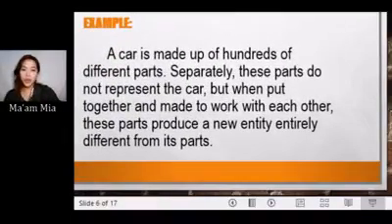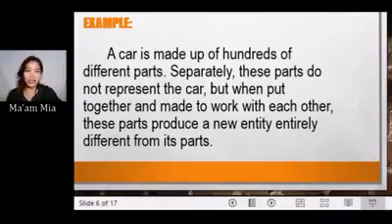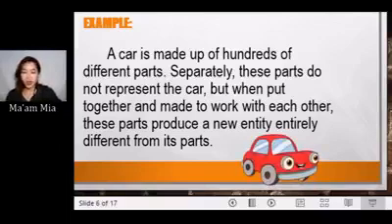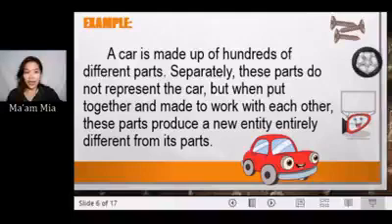a car is made up of hundreds of different parts. Separately, these parts do not represent the car, but when put together and made to work with each other, these parts produce a new entity entirely different from its parts. So this is the car. We have screws, wheels, and windshield or mirror.